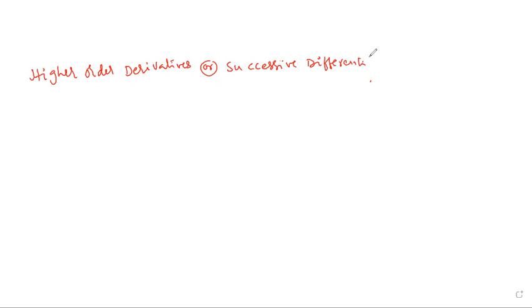Higher order derivatives or successive differentiation. What do higher order derivatives mean?